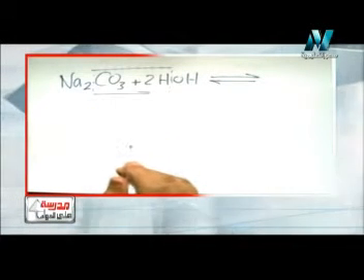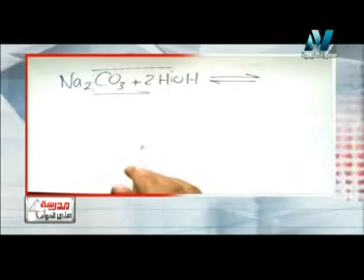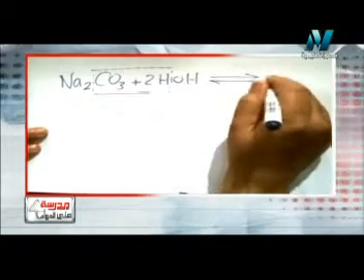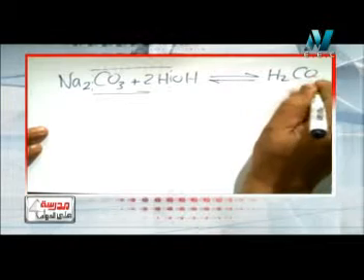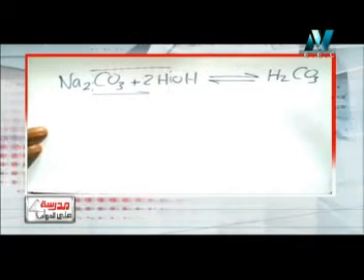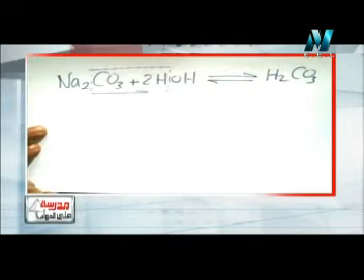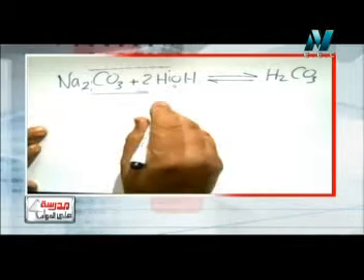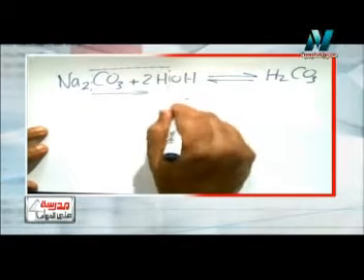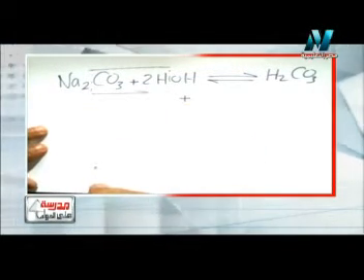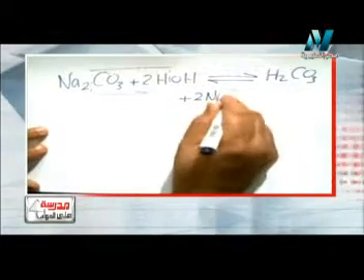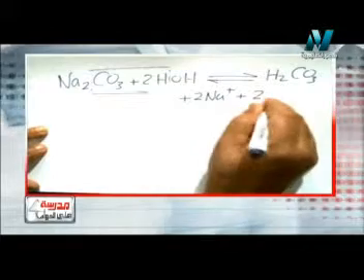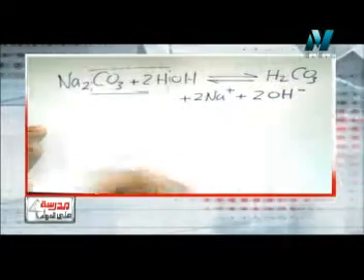This is a weak electrolyte, a weak acid, partially ionized. I will write it H2CO3. While sodium hydroxide is a strong electrolyte, meaning completely ionized, it will be 2Na positive plus 2OH negative.